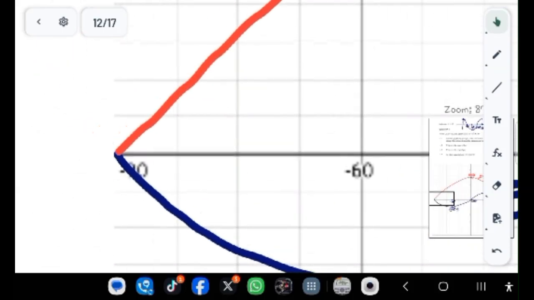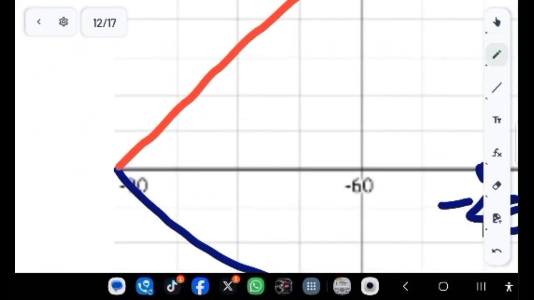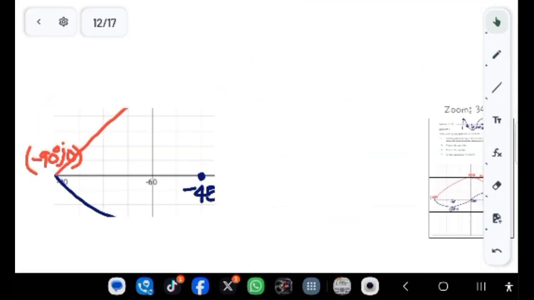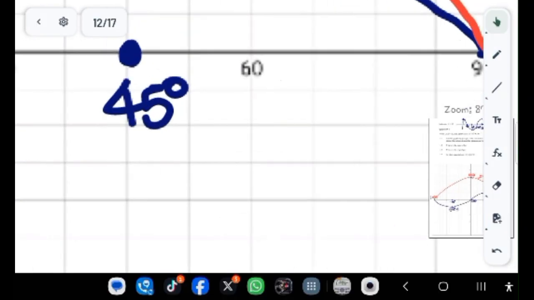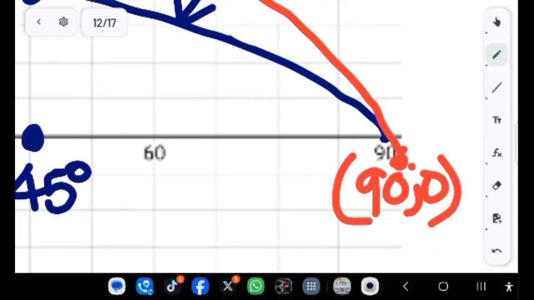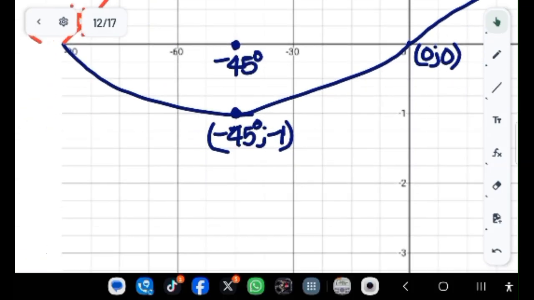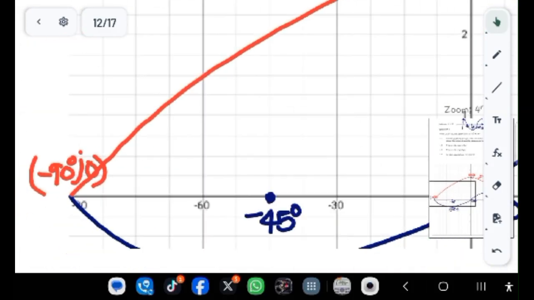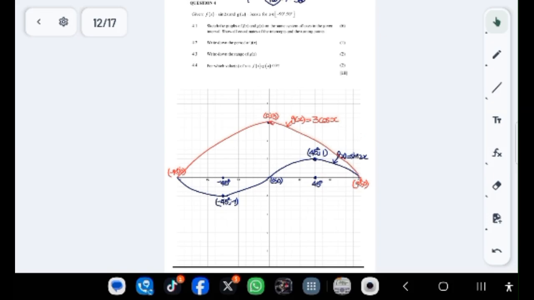And this is negative 90, 0. And that will be 90, 0. Okay. And that's how you draw these graphs.